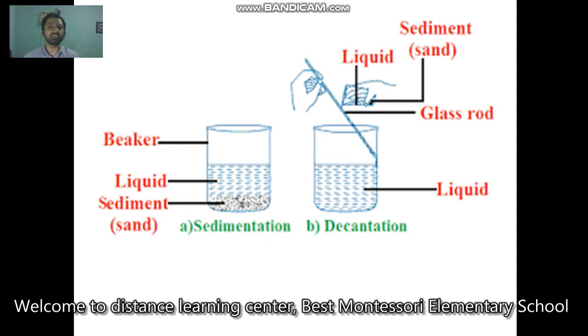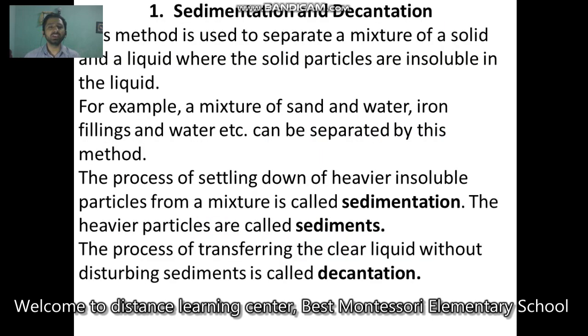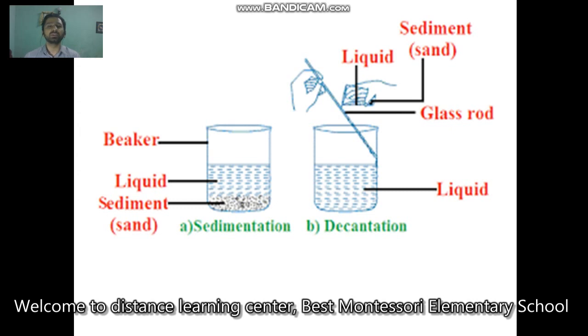After sedimentation is done, we slowly transfer the clear liquid without disturbing the sediment, without disturbing those solid particles. That is called decantation. Now look, in the new beaker we have a clear liquid, and in the beaker with the mixture we only have the solid particles, and the mixtures are separated. The first one, sedimentation and decantation.